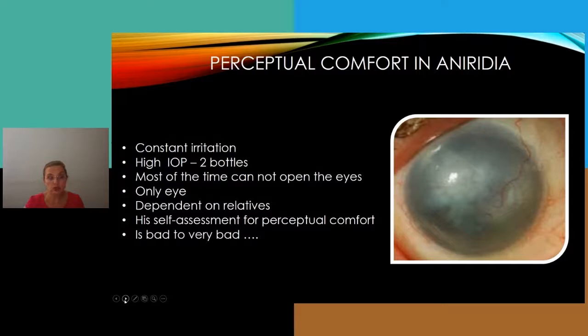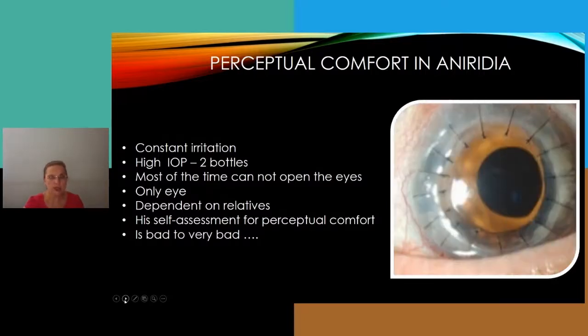He is dependent on his relatives, and his assessment for perceptual comfort is bad to very bad. It took me quite a while to take the decision to make a combined surgery for him and actually do a corneal graft with implantation of a Miracle lens. But this improved not only his visual but also his perceptual comfort in the long run.